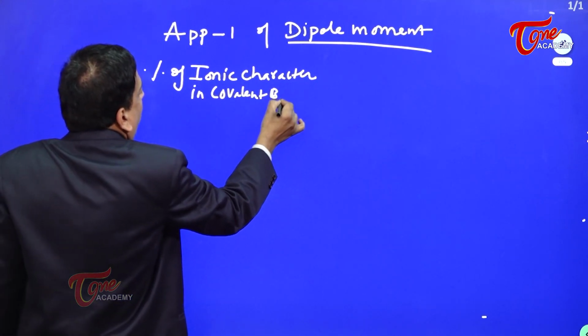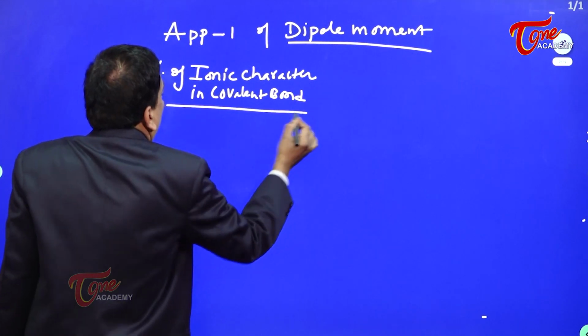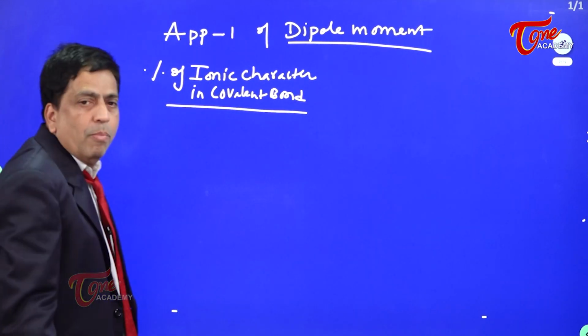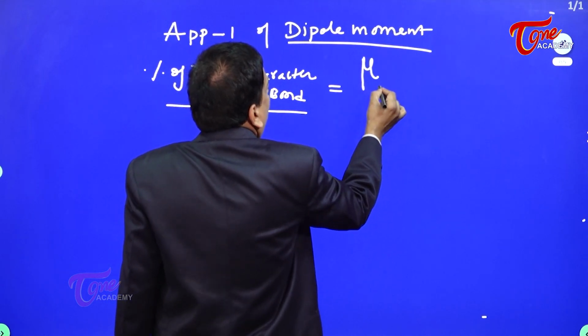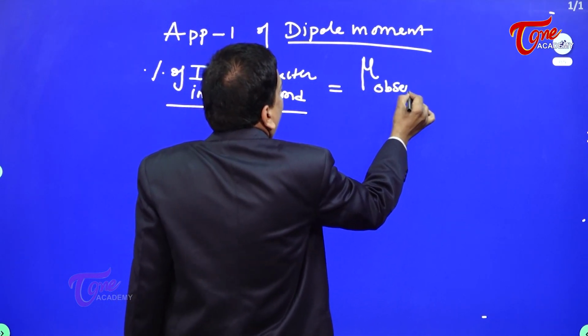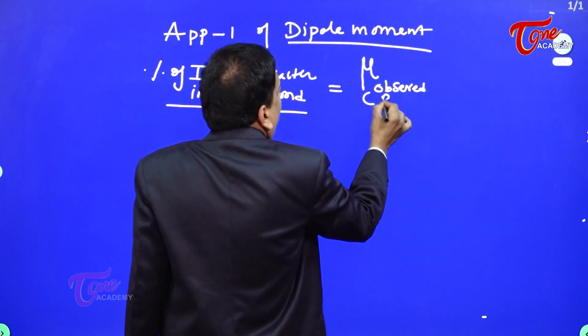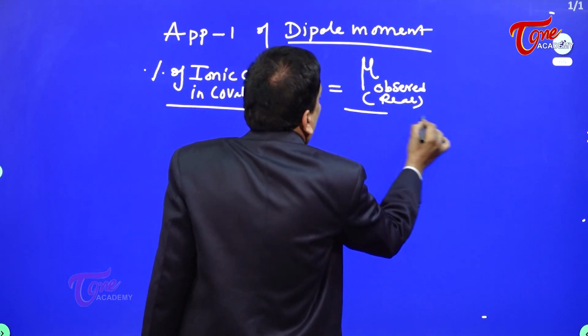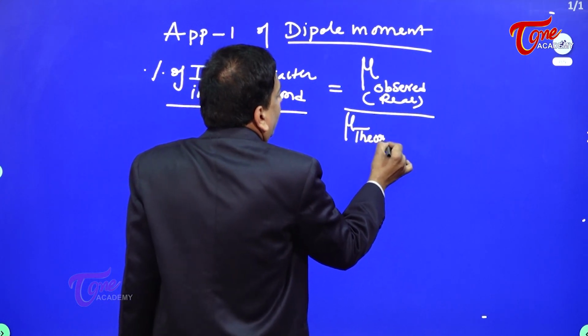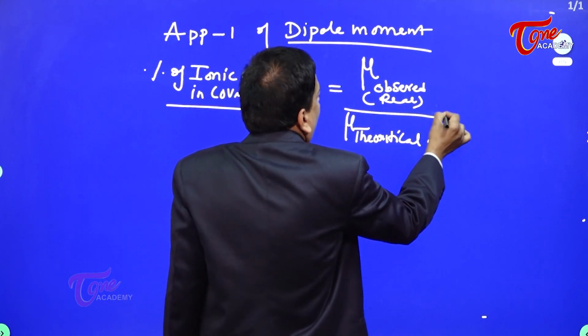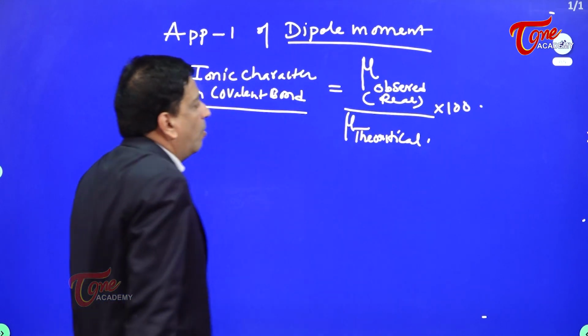A covalent bond. Percentage of ionic character in a covalent bond is given by mu observed, that is the real dipole moment, divided by mu theoretical into 100. That is the formula.